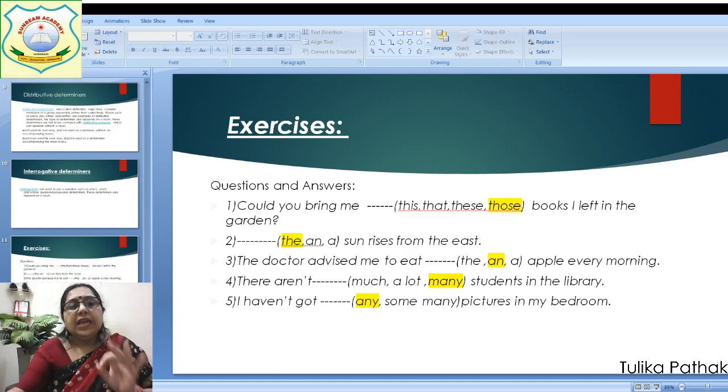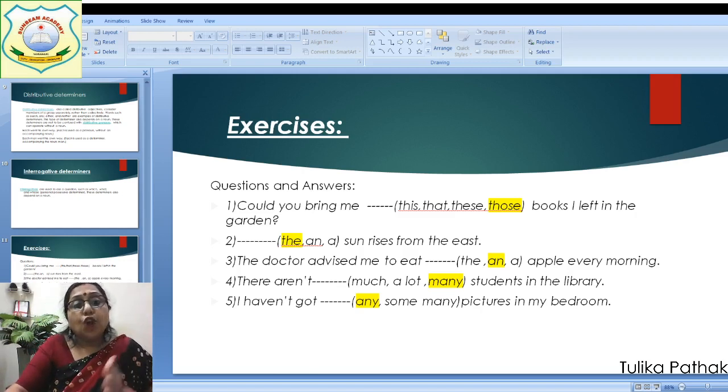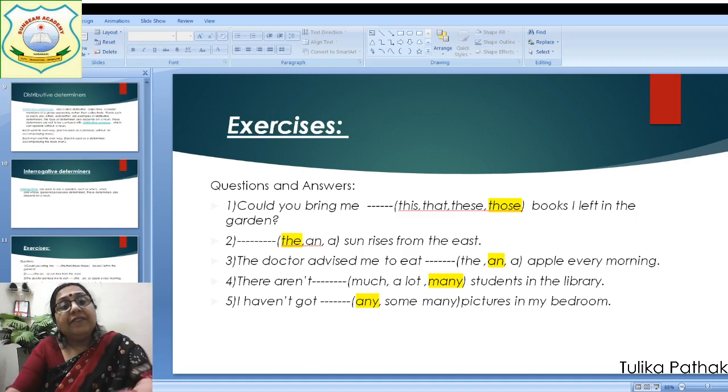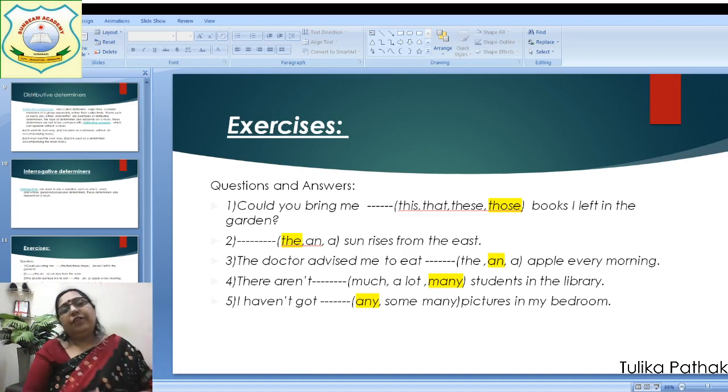So many. There aren't many students in the library. I haven't got some. No. Many. No. Because when the word haven't is mentioned there, it is a negative. So I haven't got any pictures in my bedroom.